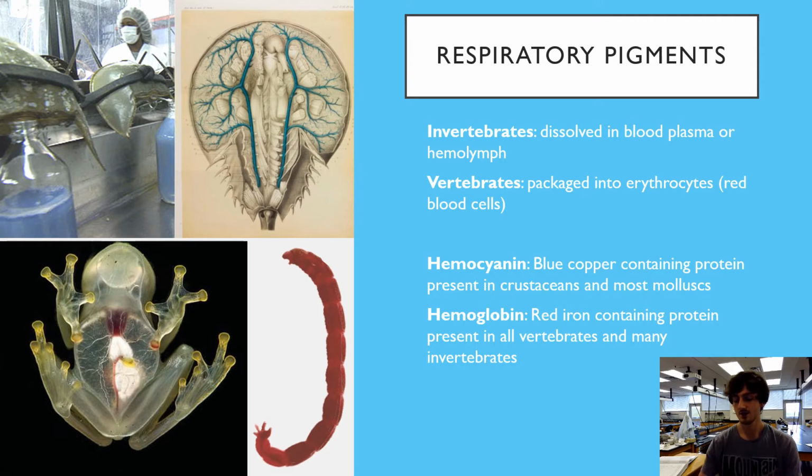So in humans, our blood's red, and it's red because we have hemoglobin. So this is an iron-containing protein that has what are called heme groups. So those heme groups are where oxygen and CO2 are binding to. So in our lungs, we're pumping oxygen into our body.